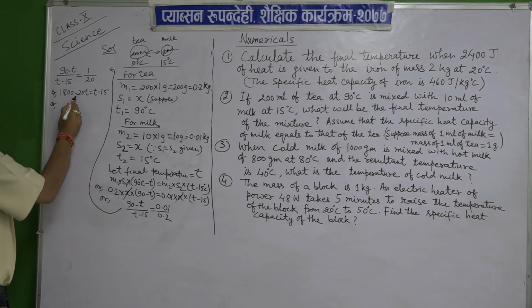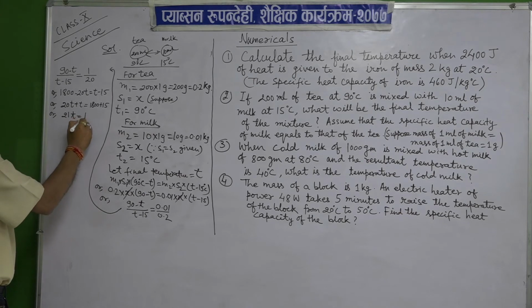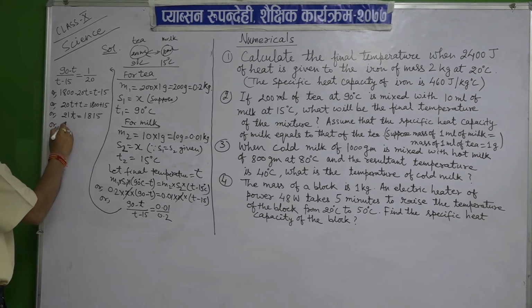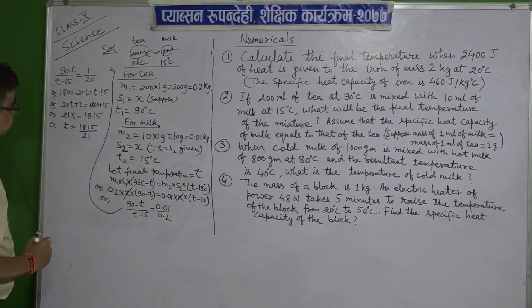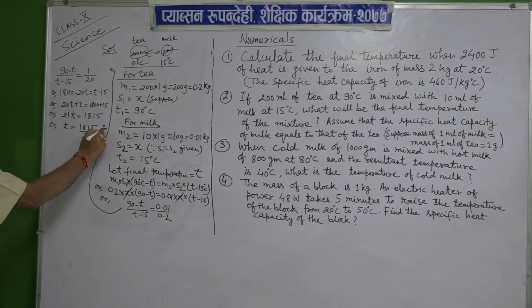Or if you take 20 T this side, 20 T plus T equals, you bring this side, 1800 plus 15, or 21 T equals 1815, or T equals 1815 upon 21. Now, you can write here degree centigrade.